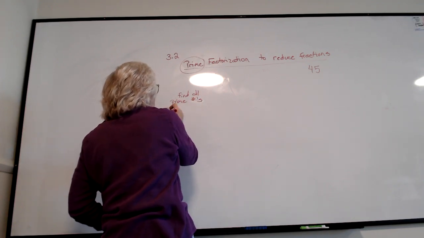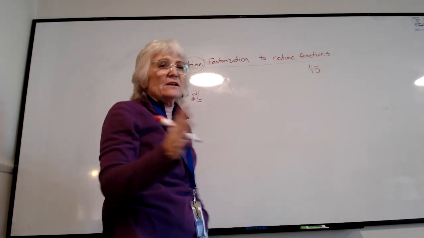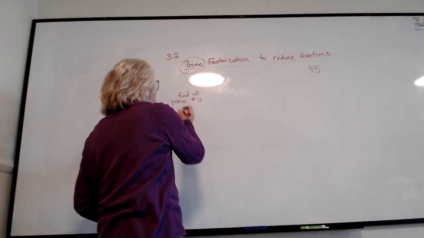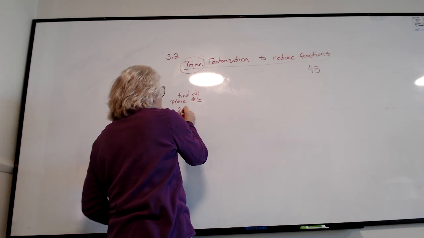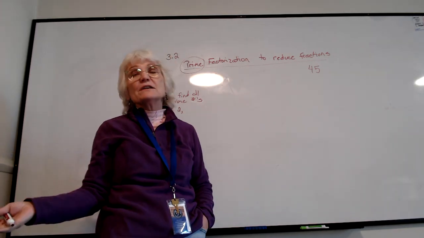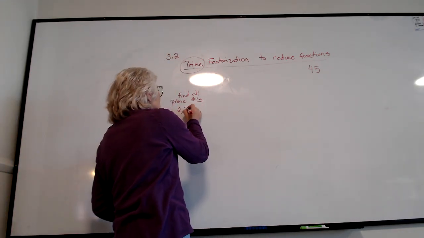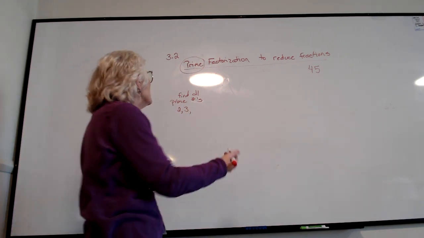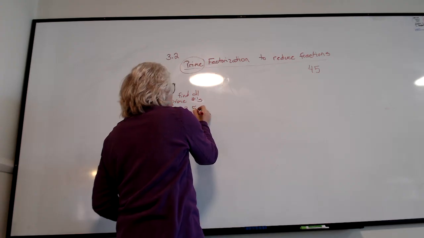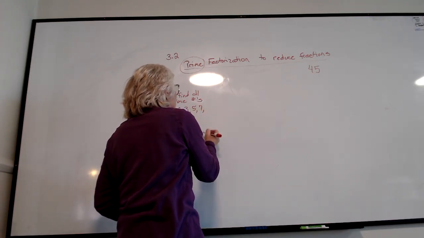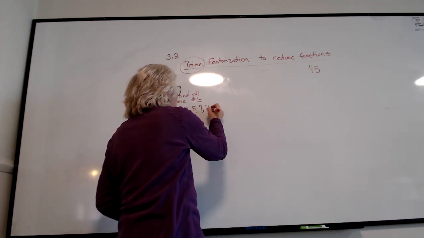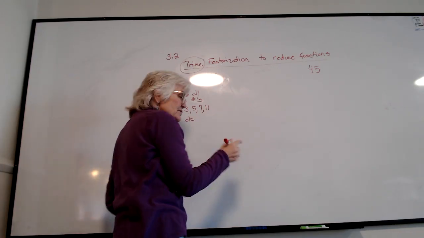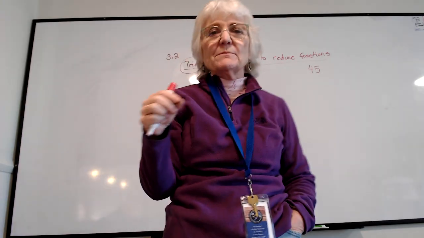Remember, those are numbers that can only be factored into themselves and 1. So prime numbers are like 2, because you can only do 2 times 1 to get it. 3, because there's no other number that divides evenly into 3 besides itself. 5, 7, 11, etc. They go up higher, but these are pretty much the main first prime numbers.